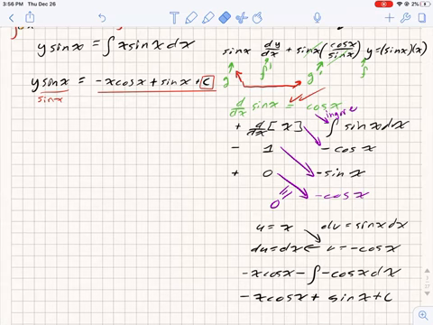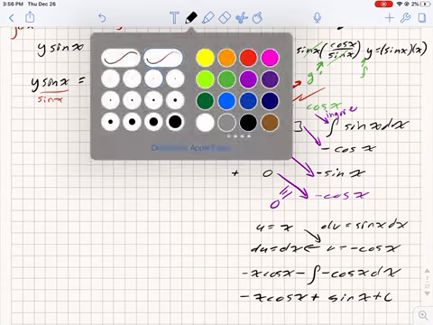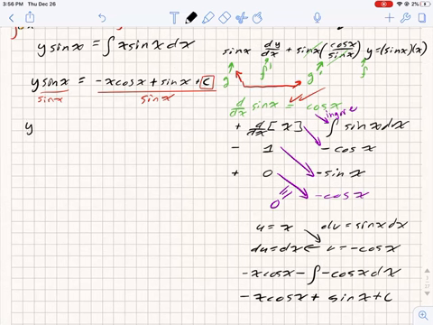So y is equal to negative x cosine x over sine x, which is cotangent x, and then sine x over sine x is plus 1.